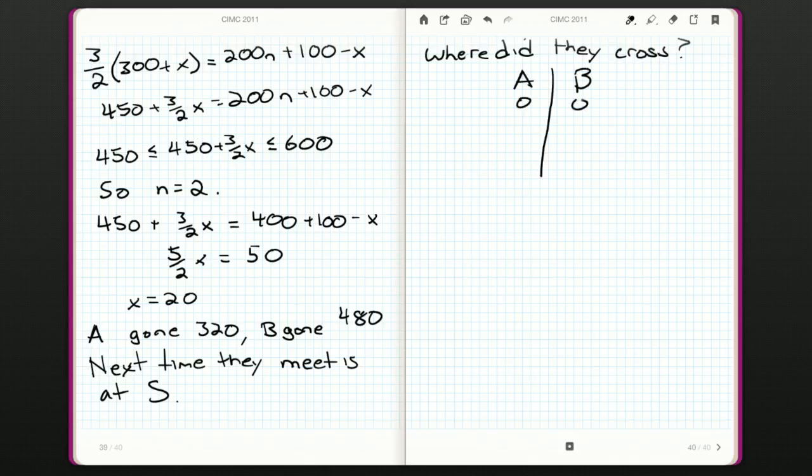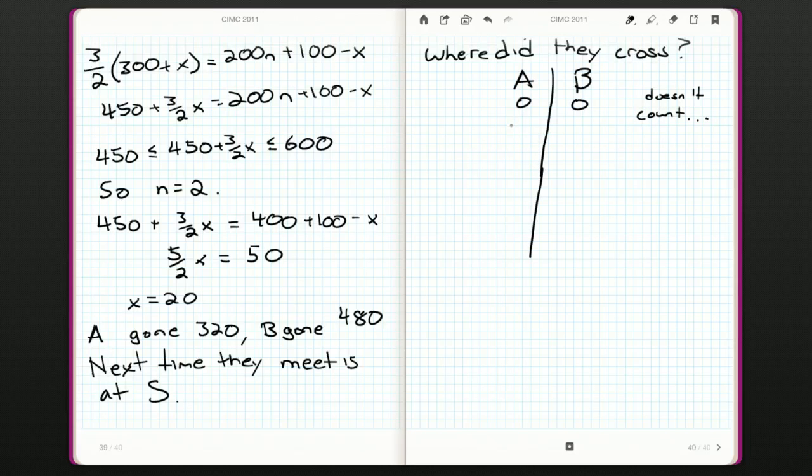So they both started at 0, 0, but that doesn't count. If they've both gone 0 distance, they both met at S. So that is a cross, but it's not a cross. So that one doesn't count.